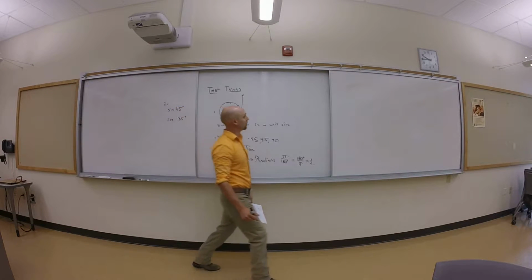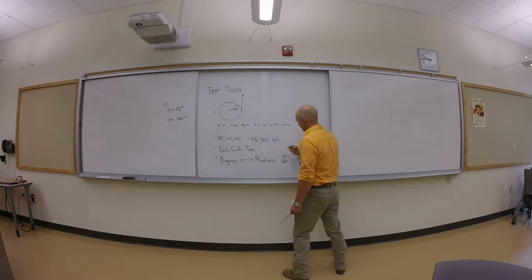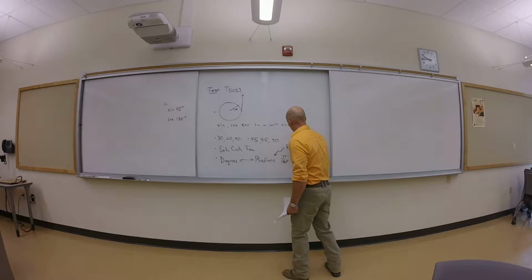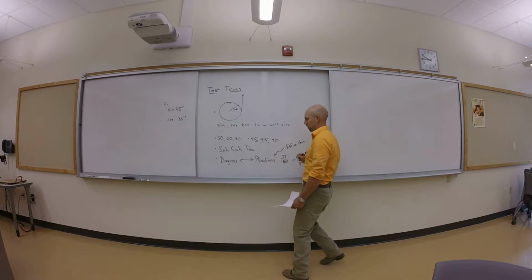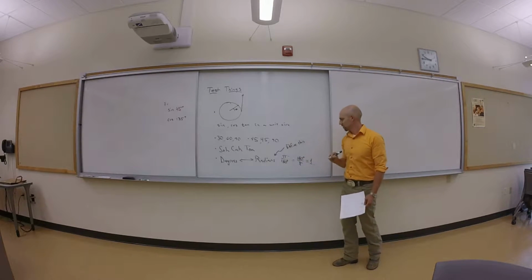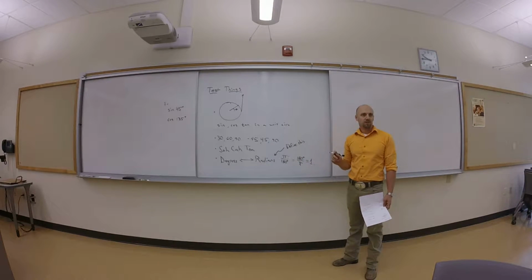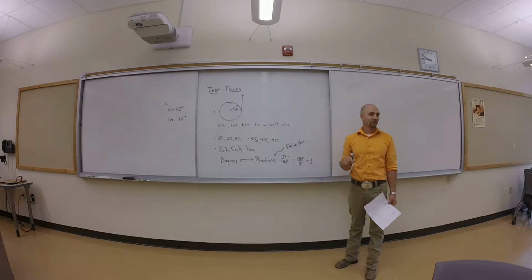All right, let's see. I expect you to be able to define radian. What I mean by that is if I tell you something about the radius of a circle and an angle, I expect you to be able to tell me how far along the outside edge that is.